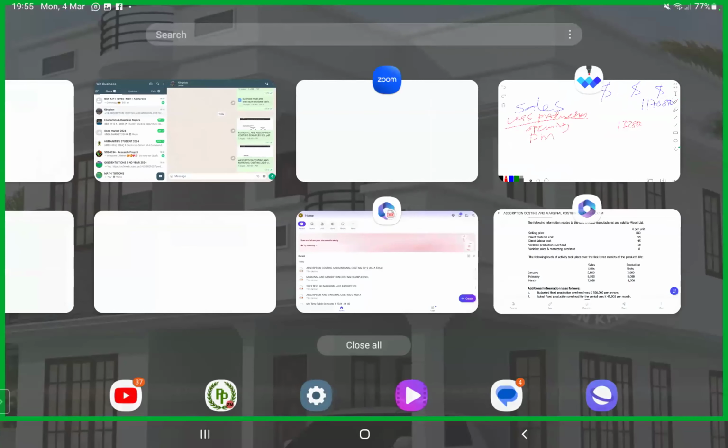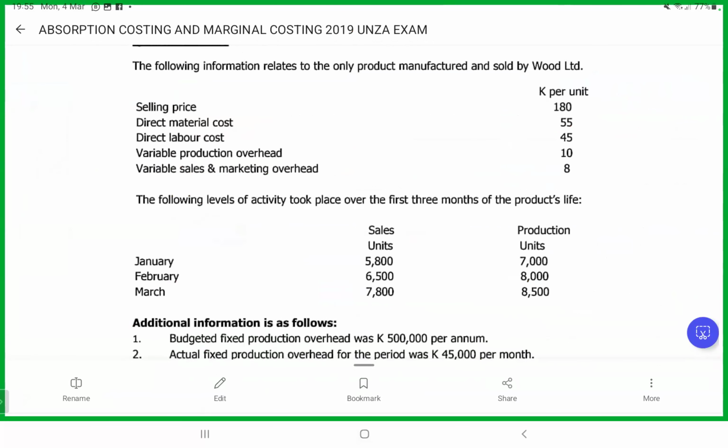Direct material. For direct material, you know how to go about it. Get the cost, 55 times the level of production, which is 80,000 now. You can do that at a faster rate.